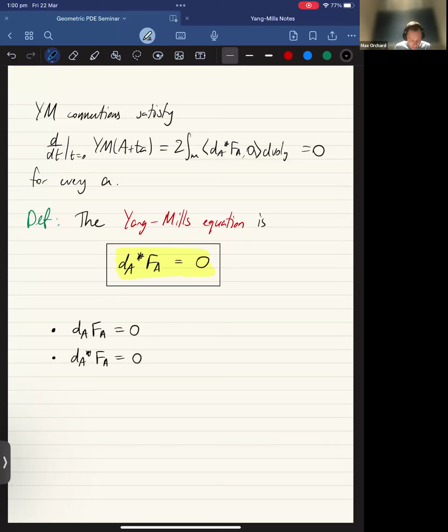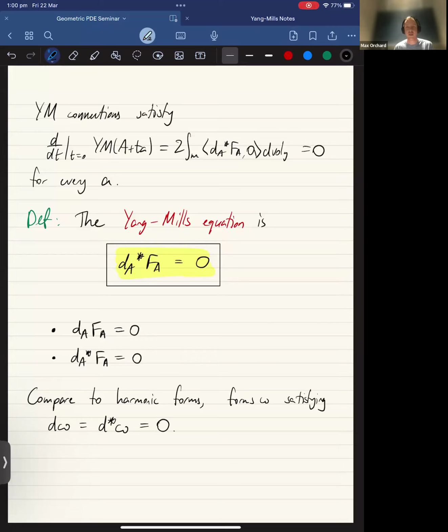Now, I'd like to compare this to harmonic forms, or forms omega that satisfy this exact condition here. In a sense then, Yang-Mills theory is very similar to Hodge theory.